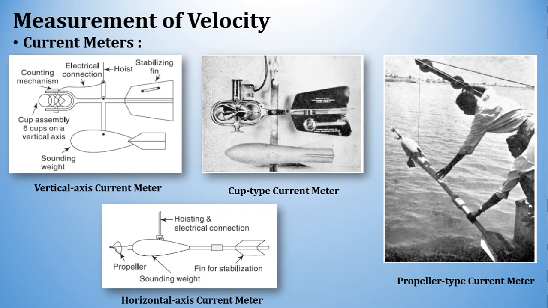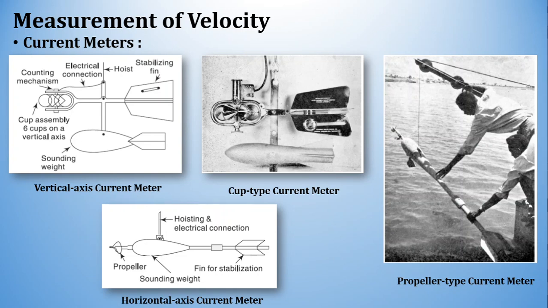Then for measurement of velocity, there are certain current meters which have been shown in the figures, like the vertical axis current meter, cup type current meter, propeller type current meter, and horizontal axis type current meter. These current meters have fins, propellers, and sounding weights attached to them.